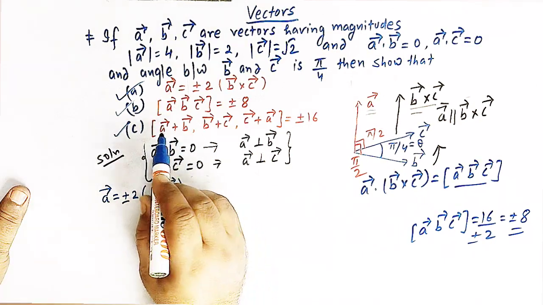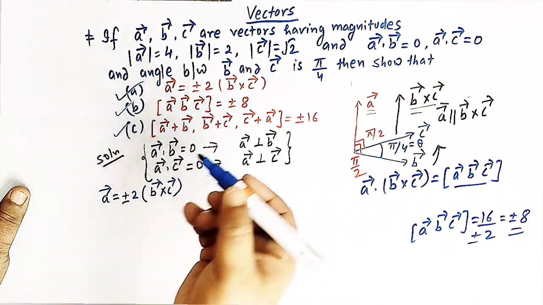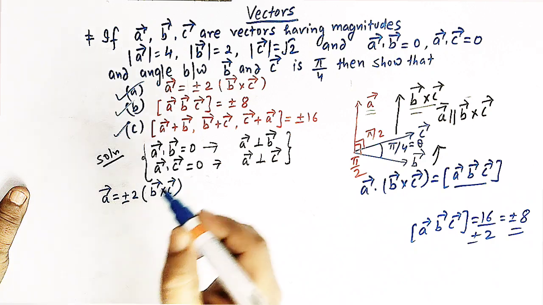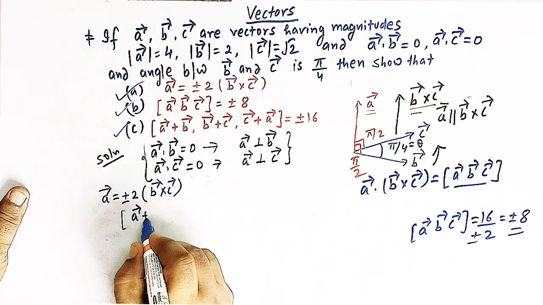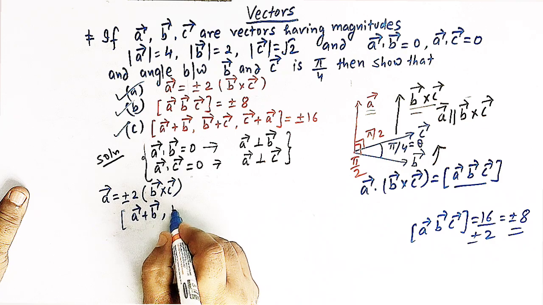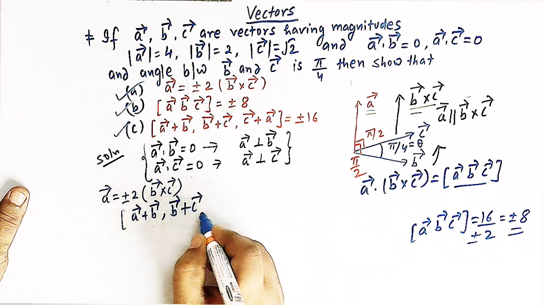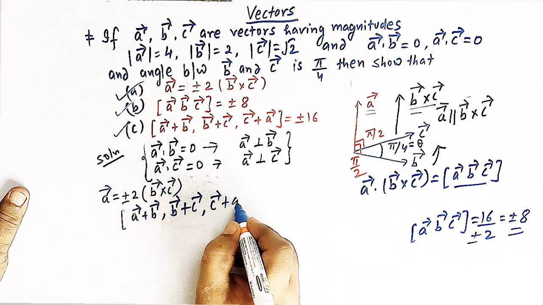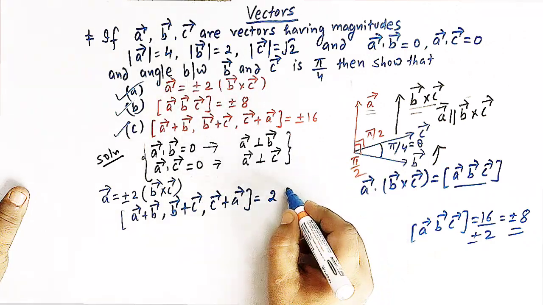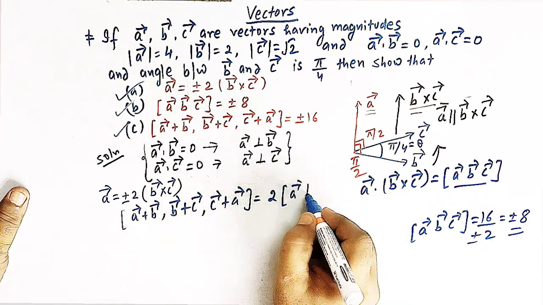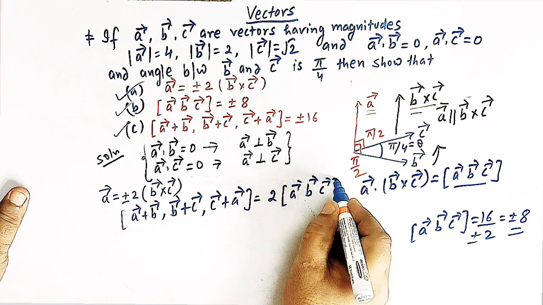Now to prove this third result, we are using a direct result from vectors, that is bracket vector A plus B, B plus C, and C plus A is equal to 2 times the scalar triple product of vectors A, B and C, right?